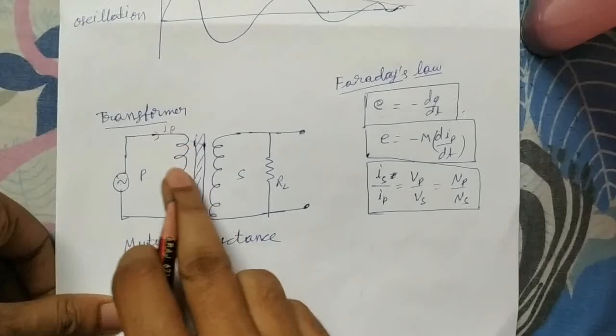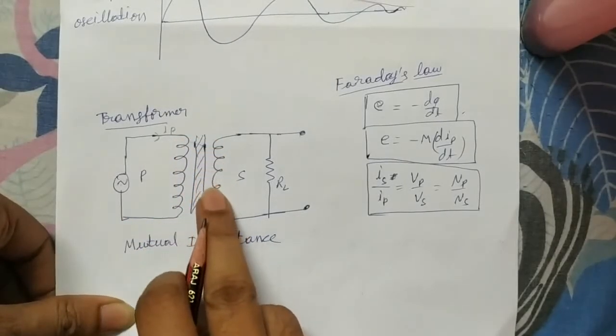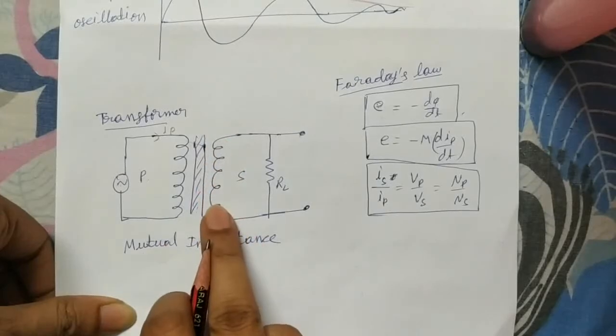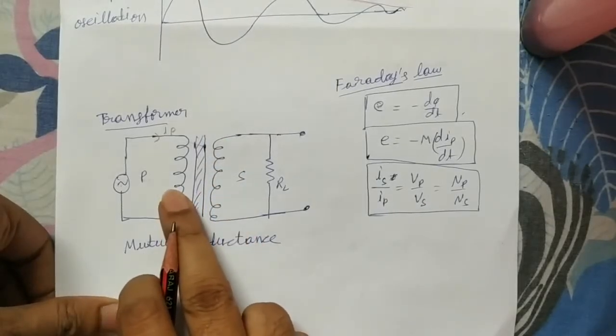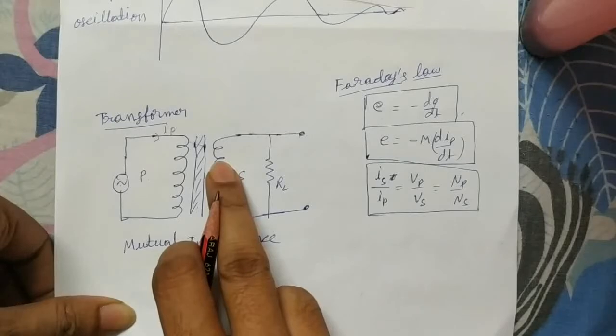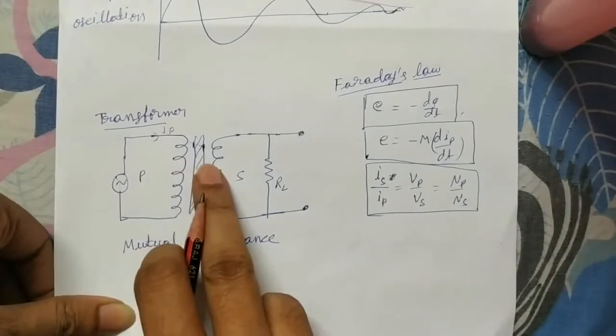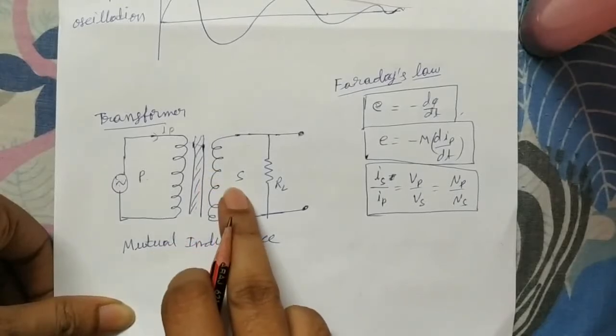Whenever the current continuously changes through this coil, the magnetic field generated by the coil also continuously changes. According to Oersted's experiment, a current carrying coil can create a magnetic field. If the current changes, the magnetic field generated also changes. This changing magnetic field passes through the second coil, which is the secondary coil.